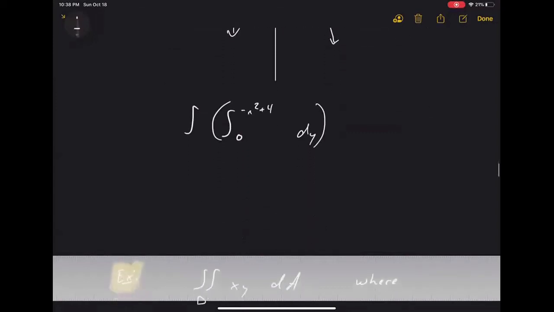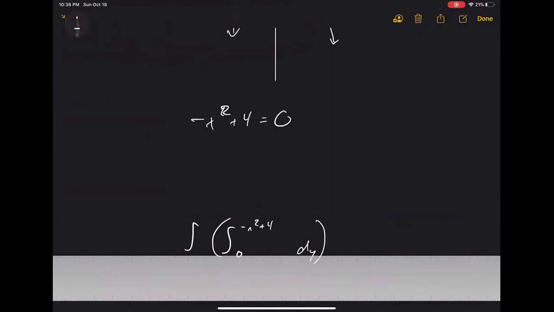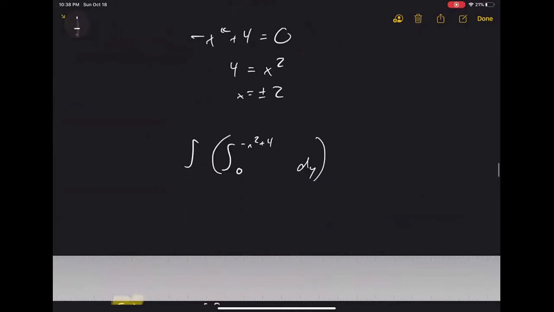So I set those two curves equal to each other: negative x squared plus 4 equals 0. And then I solve for x. So 4 equals x squared, so x equals plus or minus 2. So my bounds of integration should be from negative 2 to 2.